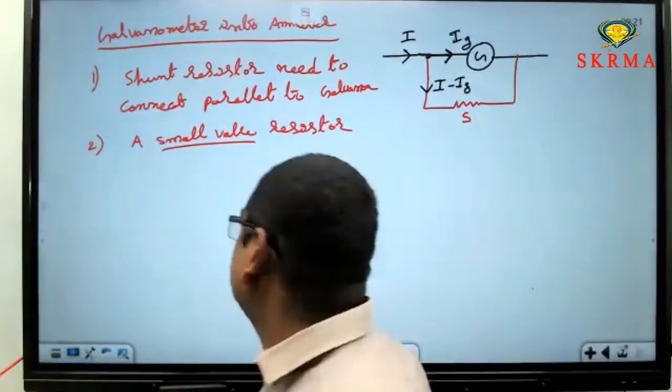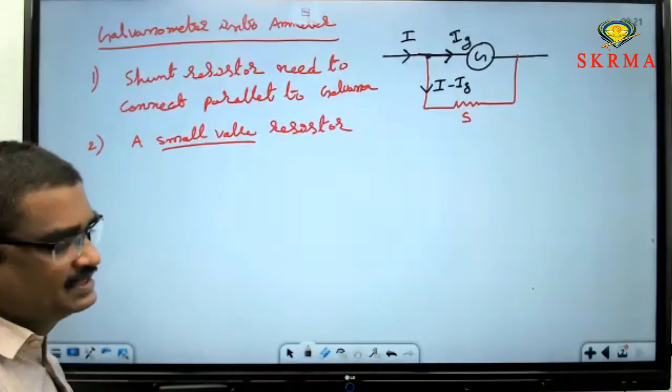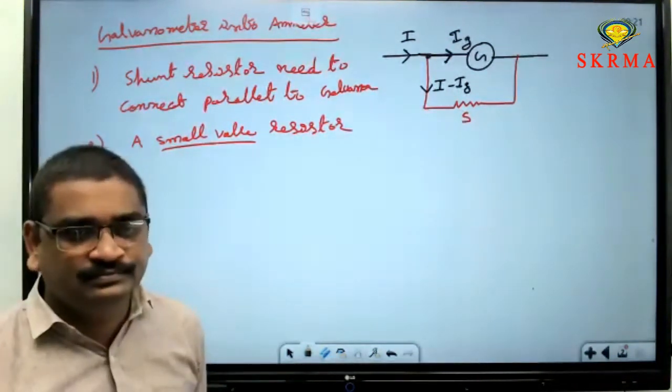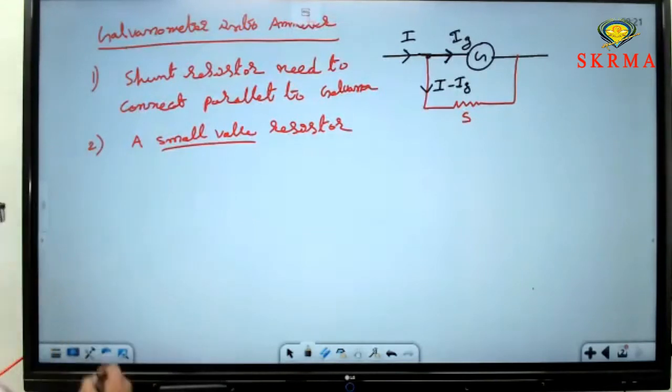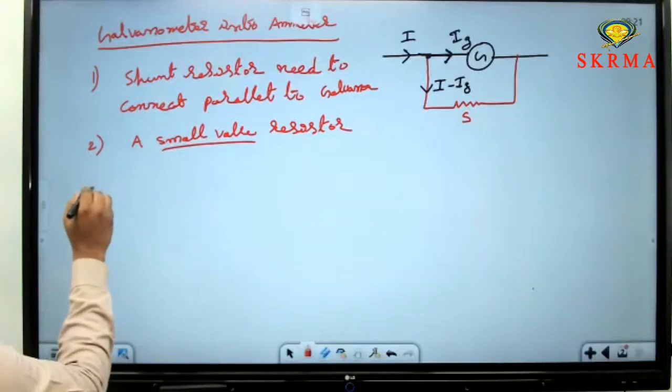Next, coming to the equation part. Resistance G and resistance S are in series or parallel? Parallel. For a parallel combination, what is the equivalent resistance?